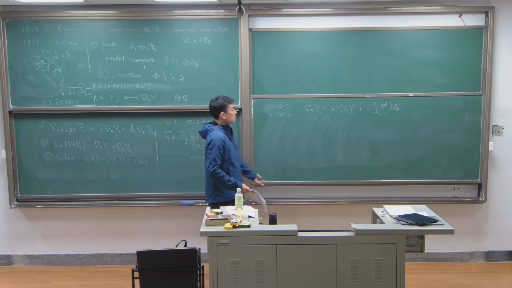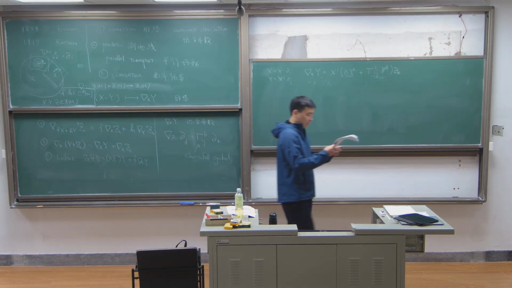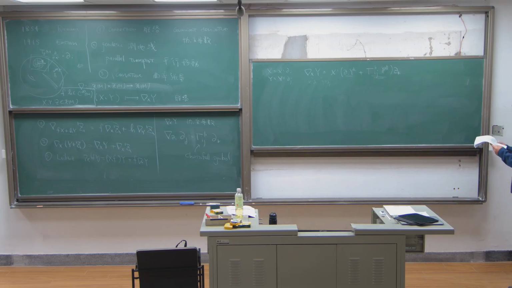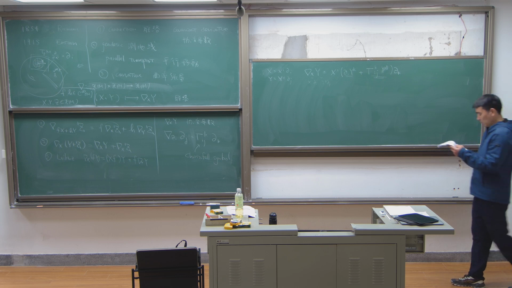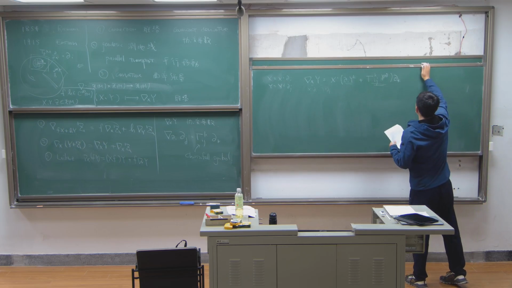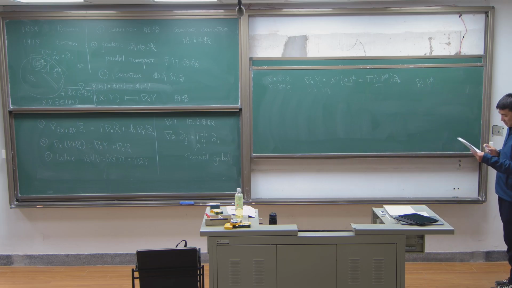然后在物理文献中，协变导数是 like this one, written like this.